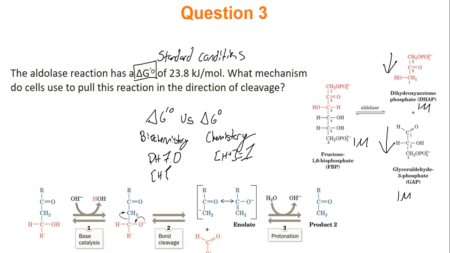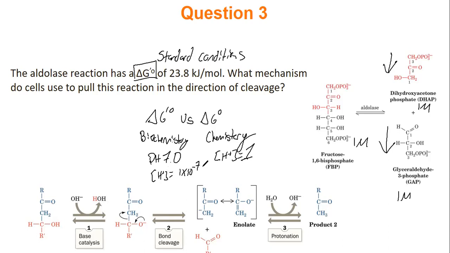So here we're saying concentration of hydrogen is 1 times 10 to the minus 7 versus chemistry standard conditions, it's 1, which kind of makes sense because when you're doing chemistry, there's no guarantee you're working with water, while in biochemistry, it's almost like a 99% chance you're working with water, and it's going to be at a neutral pH.